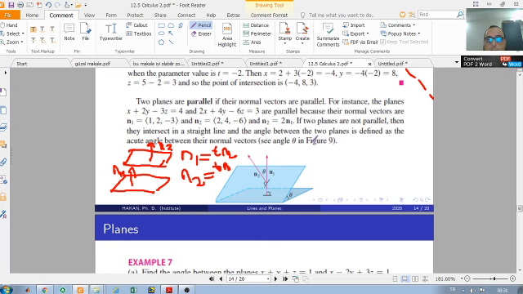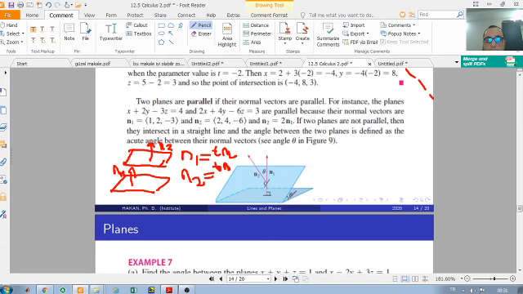But if two planes are not parallel, then they intersect in a straight line, like this one. You see, we have two planes here and the angle between them is theta.